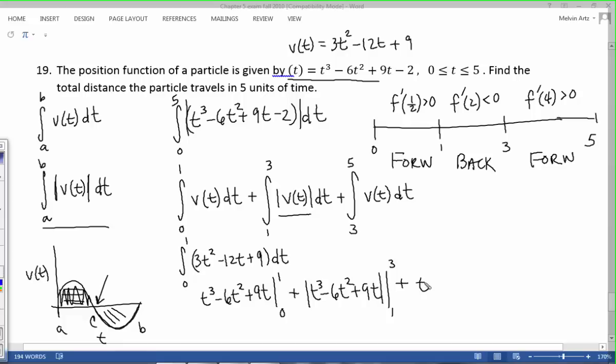And then we have our t cubed minus 6t squared plus 9t from 3 to 5. So now we just need to evaluate each one of those integrals, and that would give us the total distance traveled.